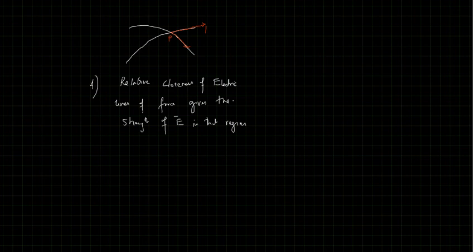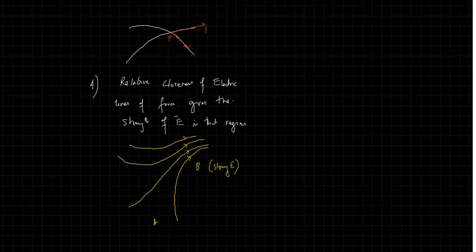So you see, this is region A, this is region B. In region B, electric lines of force are more close. So this is the region of more strong E. This is strong E, this is weak E.